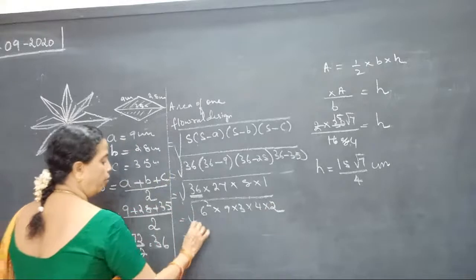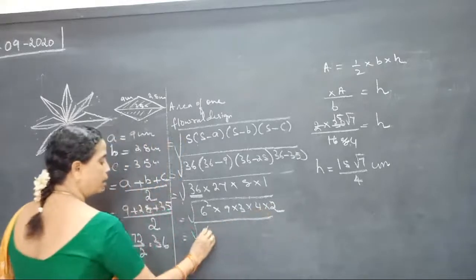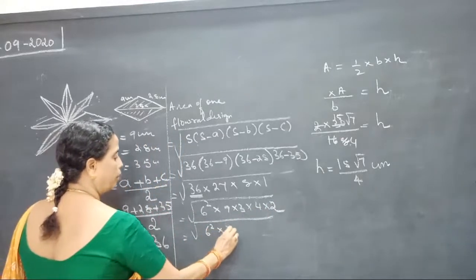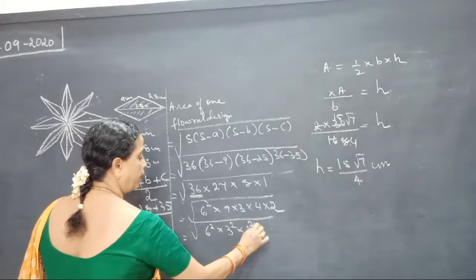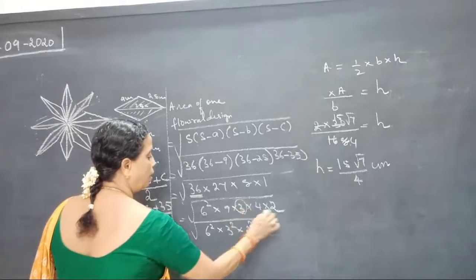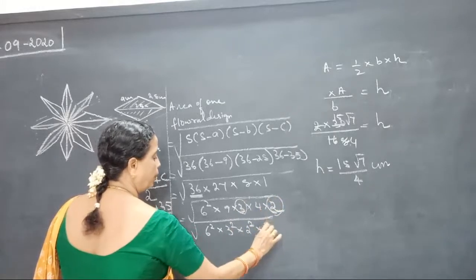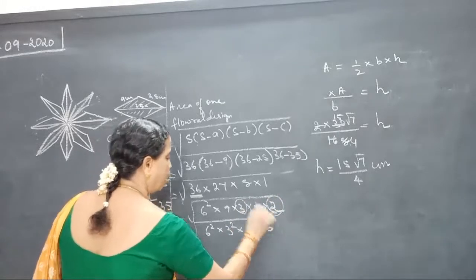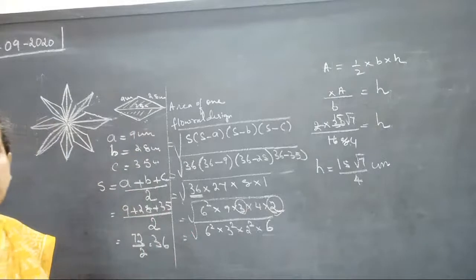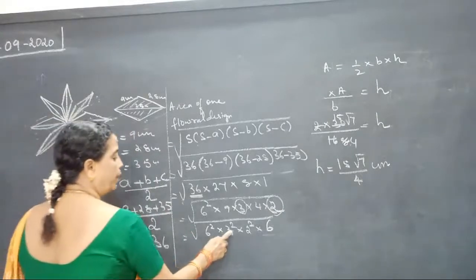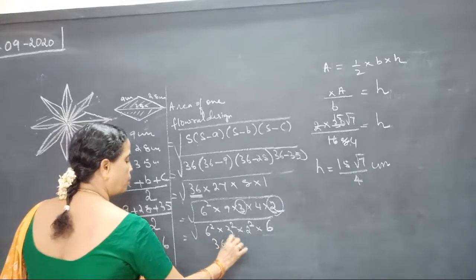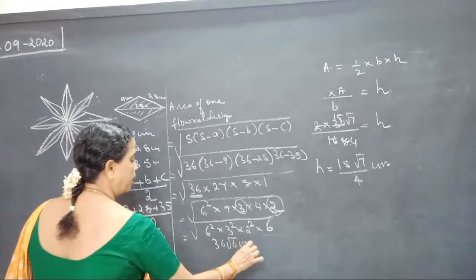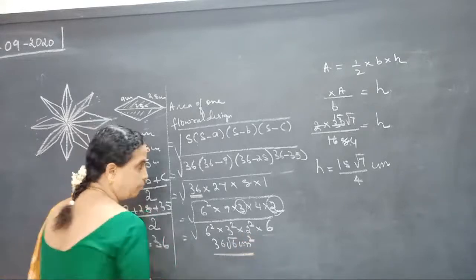So you have root of 6 square into 3 square into 2 square, and these two are unpaired values. Take out 6. Unpaired value 3 into 2. So now when we take this out, 3 into 2, 6, 6, 6 are 36 root 6 centimeters square.